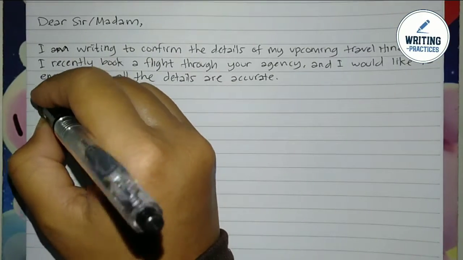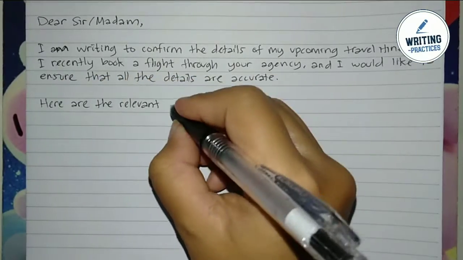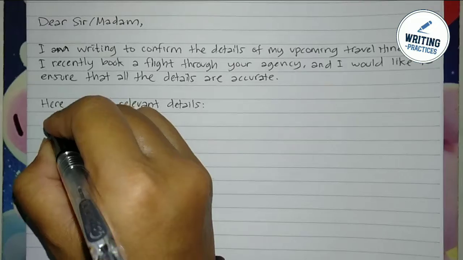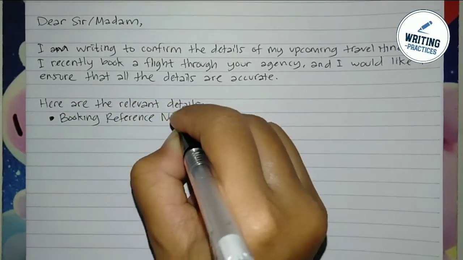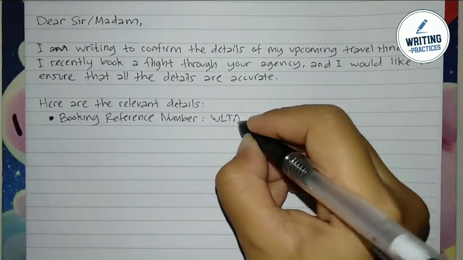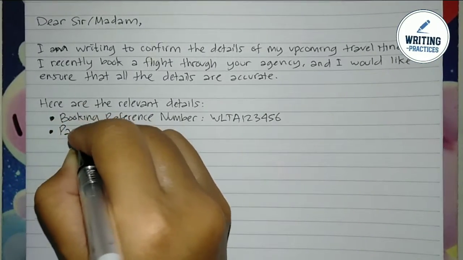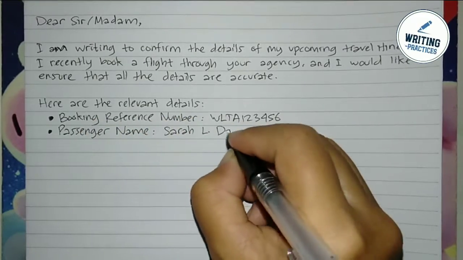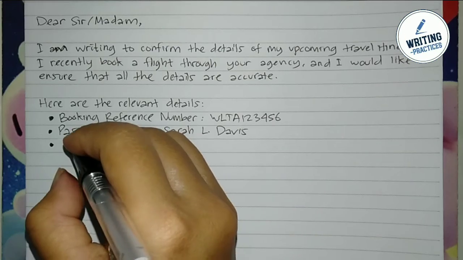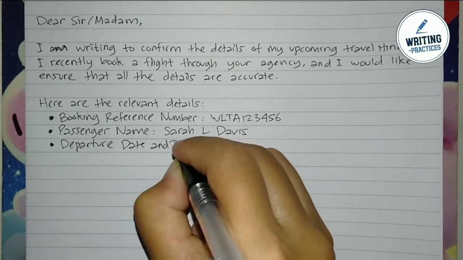In the second paragraph, this is where you write all the itinerary details. List relevant details such as the booking reference number, passenger name, departure and arrival dates and times, and flight details as well. You may write, "Here are the relevant details." And here is the example of the details. Booking reference number, WLTA 123 to 456.